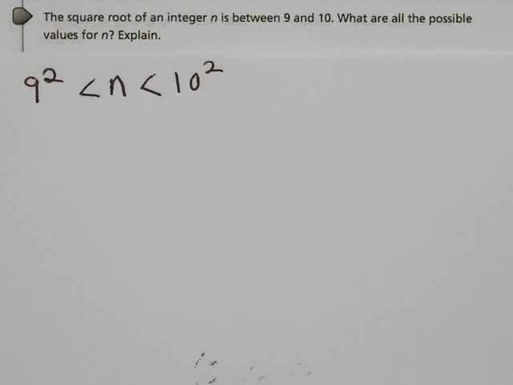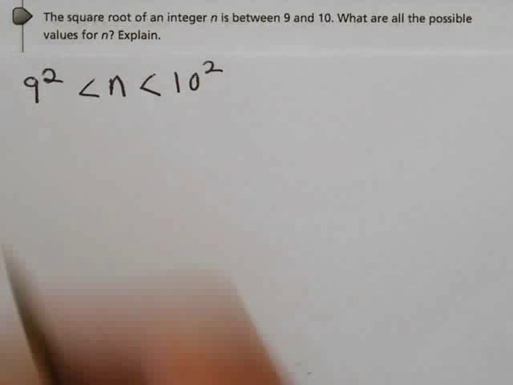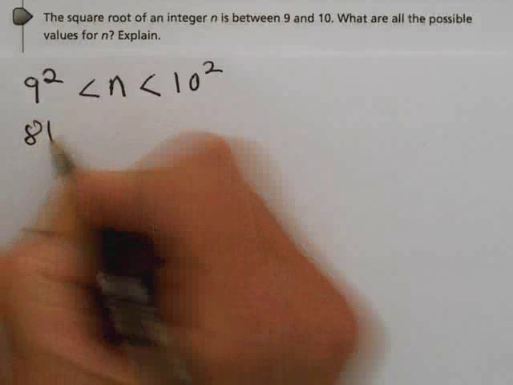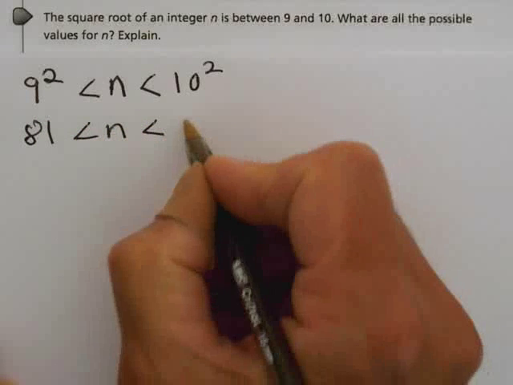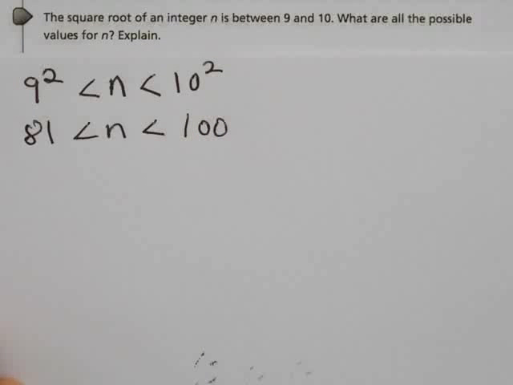If n is between 9 squared and 10 squared, then we know that n is between 81, which is 9 squared, and 10 squared, which is 100. And what is n going to be? Well, we know that n is going to have to be greater than 81 and less than 100.